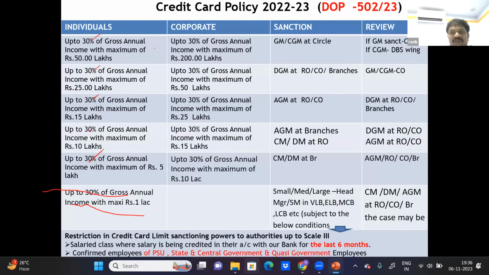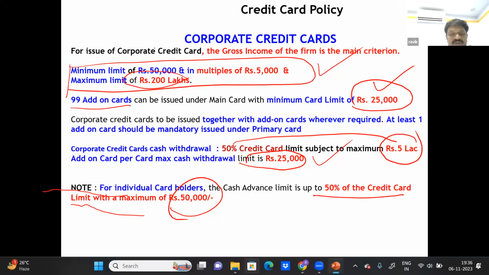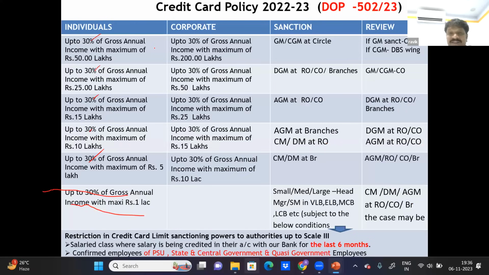For the corporate credit card, we just learned: 50,000 in multiples of 5,000, maximum 200 lakhs. So for corporate also, the maximum limit is with the circle head. If you remember the maximum limits, they are given by GM and CGM at circle only. Now from that it will come down slowly. They have reduced the figures.